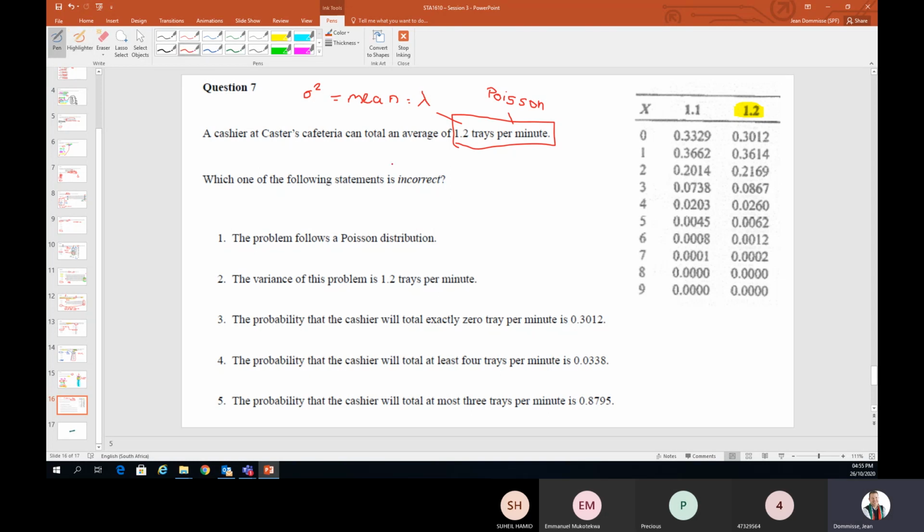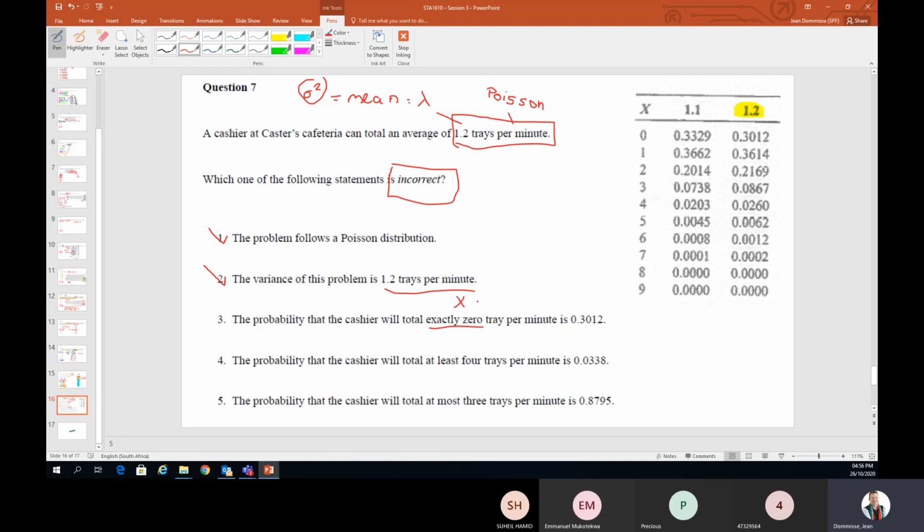Okay, so which statement is incorrect? The problem follows a Poisson distribution. Okay, so we know that is right because we have identified it up front. The variance of this problem is 1.2 trays per minute. So we know that is the variance, so that is also correct. The probability that the cashier will total exactly 0.